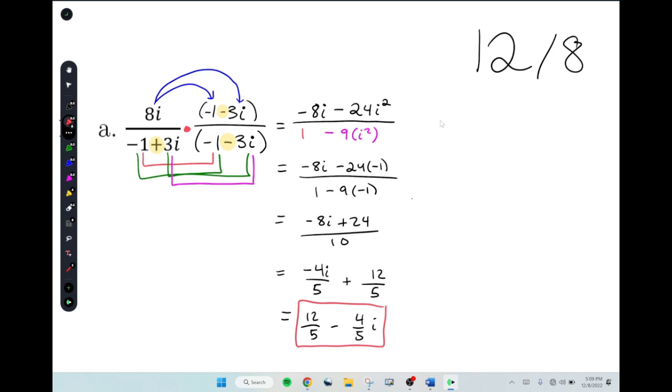The negative cancels with the positive. And you'll always end up with an i squared on the top and the bottom and turn it into negative 1 every time at the end. This setup should always look the same. That's the whole point of them inventing the conjugate, was to make it do the same thing every time, which is eliminate the middles and make two i squareds happen, which is super nice.